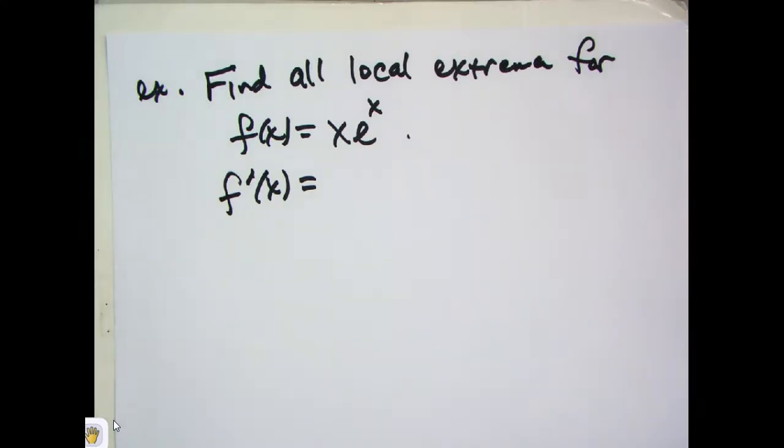So f of x is equal to x times e to the x. So what would our derivative be? What would f prime of x be? Go ahead and go up to the board, grab a marker, do it on the board. Sometimes it works a little better if you write. Go ahead and do it. So f prime of x is equal to what?